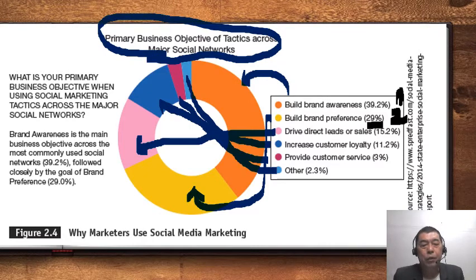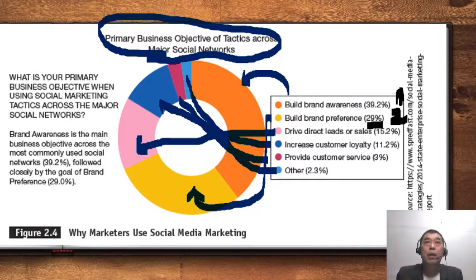Okay? So brand awareness, yes, we understood that brand preference is 29%. So why do marketers use social media marketing? The answer is simply they want to build, they want to create, they want to establish brand awareness and preference.